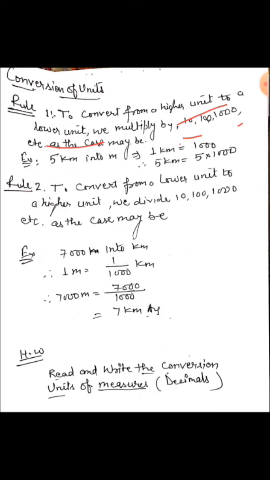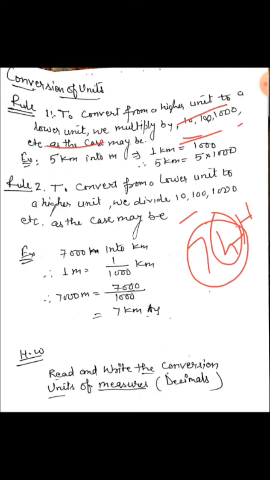Now if the question asks how many kilometers in 7 hectometers, the hectometer is smaller than the kilometer. So how can we convert? By dividing by 10, because 1 kilometer is equal to 10 hectometer.